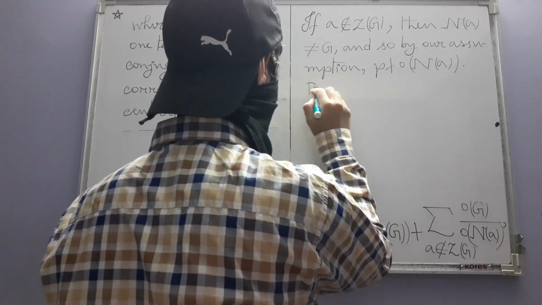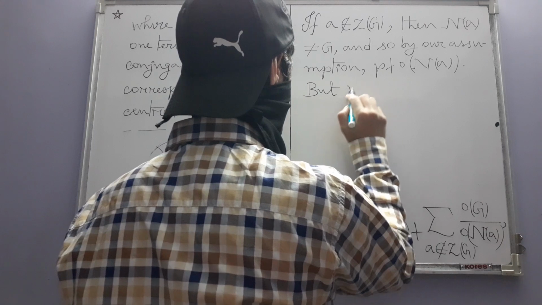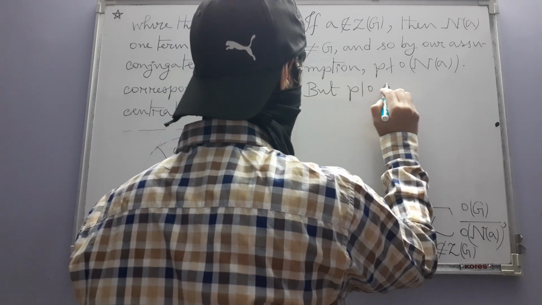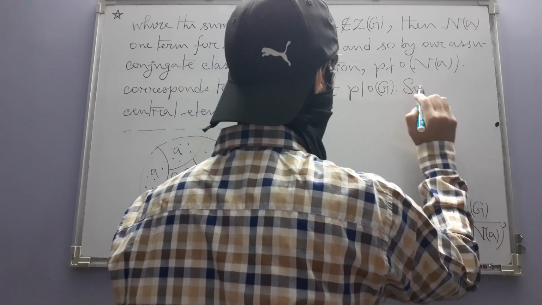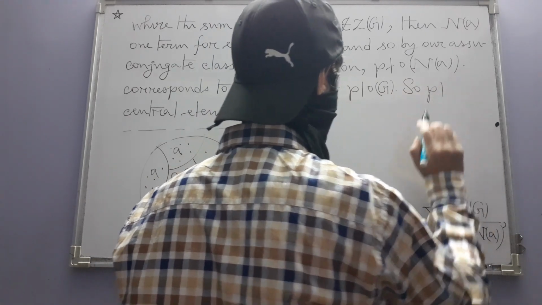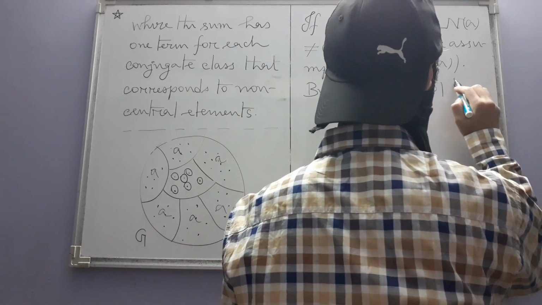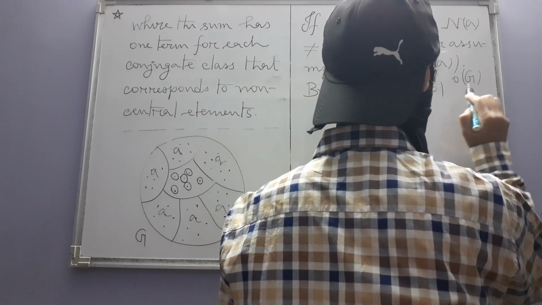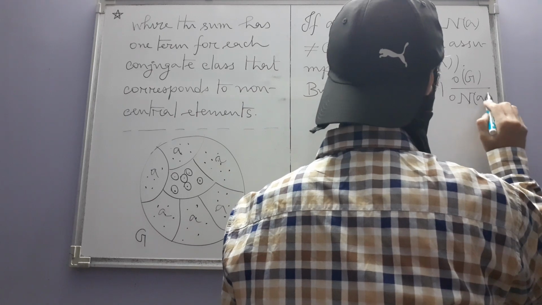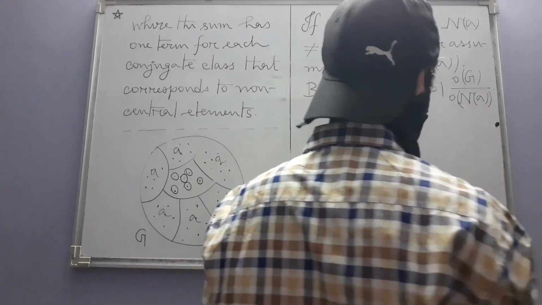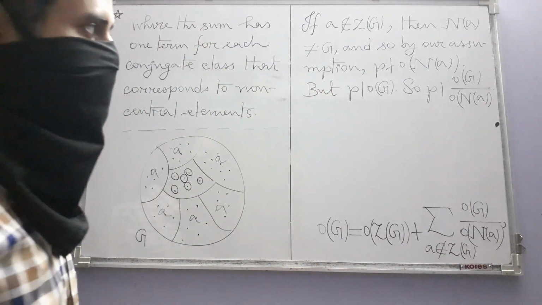But P of course divides the order of G, so P must divide the order of G divided by the order of NA. There are a few things to note here.